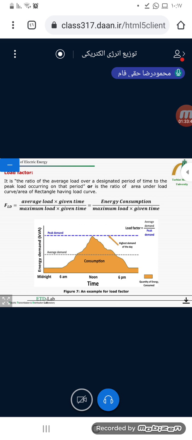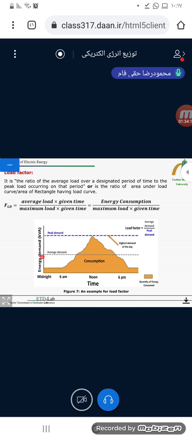I want to introduce a very important characteristic: load factor. Load factor is the ratio of average load to the peak load. For example, this load is for Iraq, in one day.